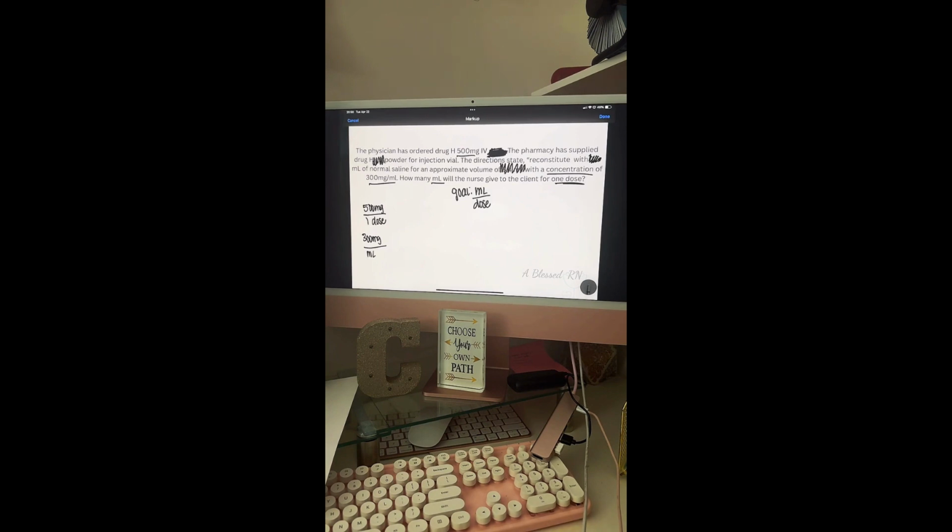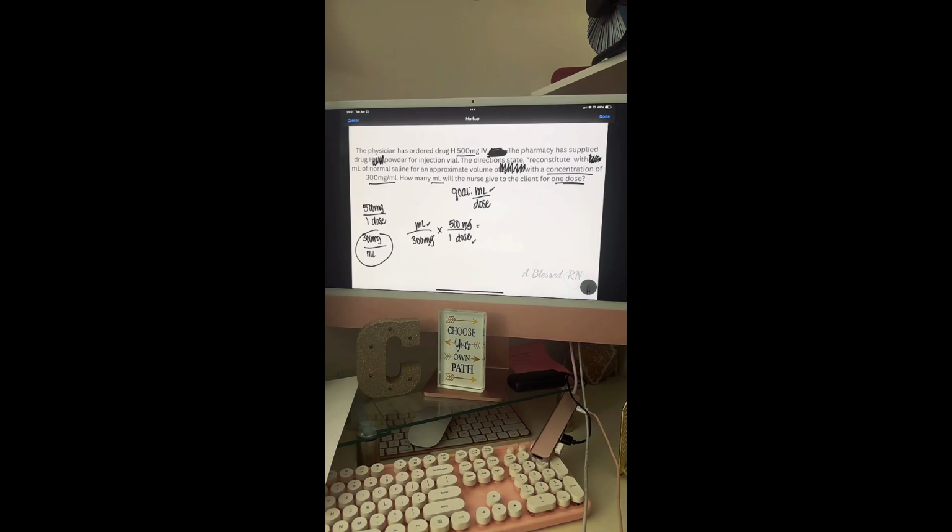So we'll start with our milliliters. We're going to take it and flip it, right? So milliliter over 300 milligrams. Now we'll do our 500 milligrams on the top over 1 dose. Milligrams cancels out and everything is gone except for milliliter on the top and dose on the bottom.